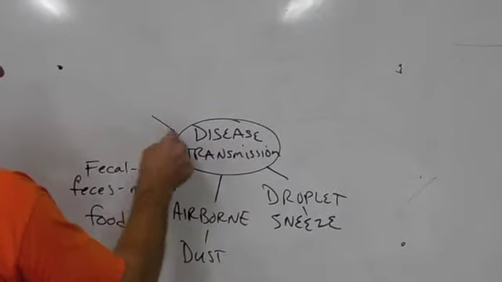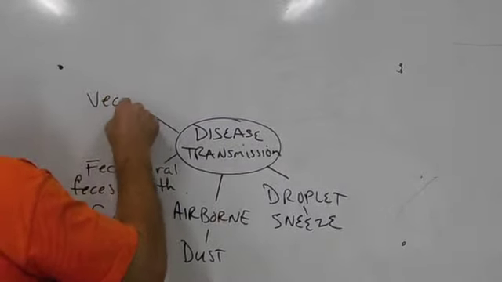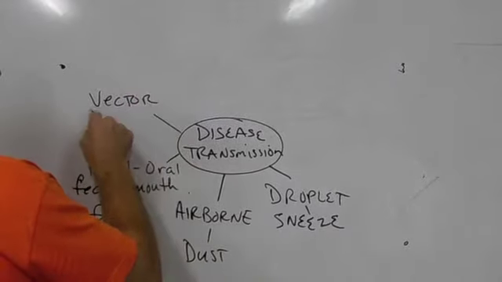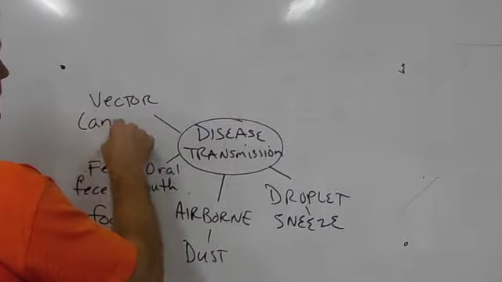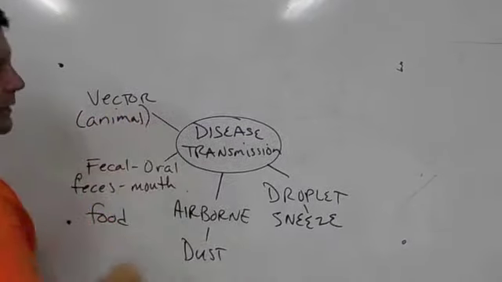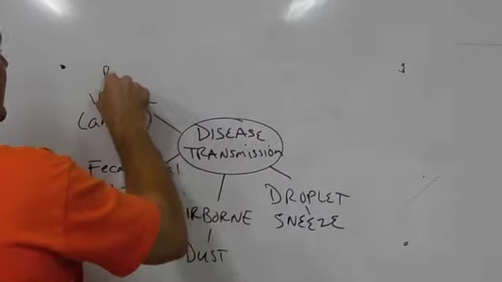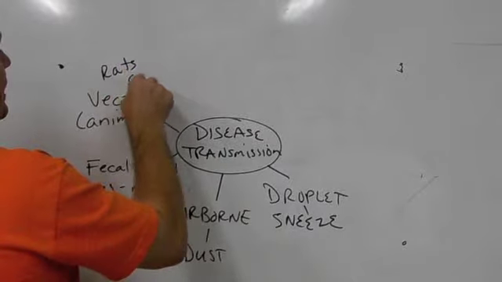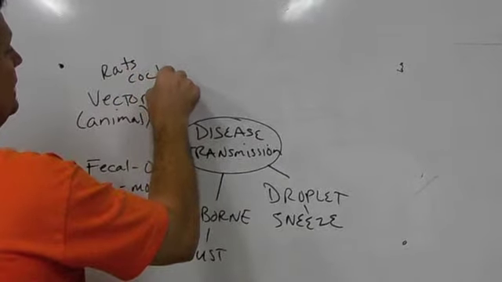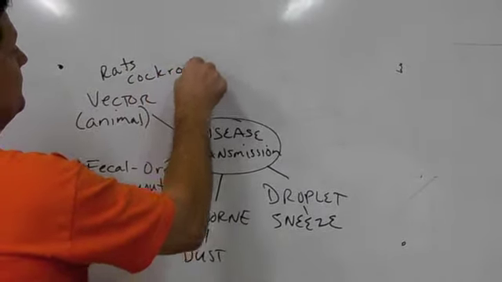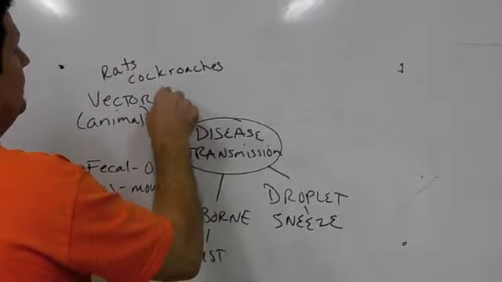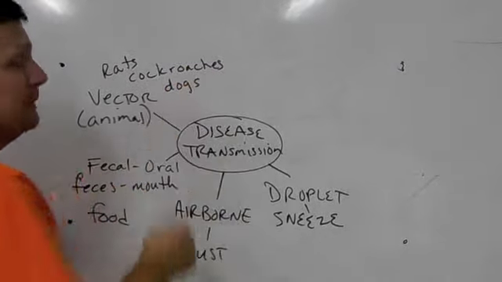Okay, the next one that we see over here is what's called vector. Another word for vector would be animals. Okay, so animal diseases, that would be things like rats and cockroaches, because they're very nasty. Even dogs. We talk about rabies.